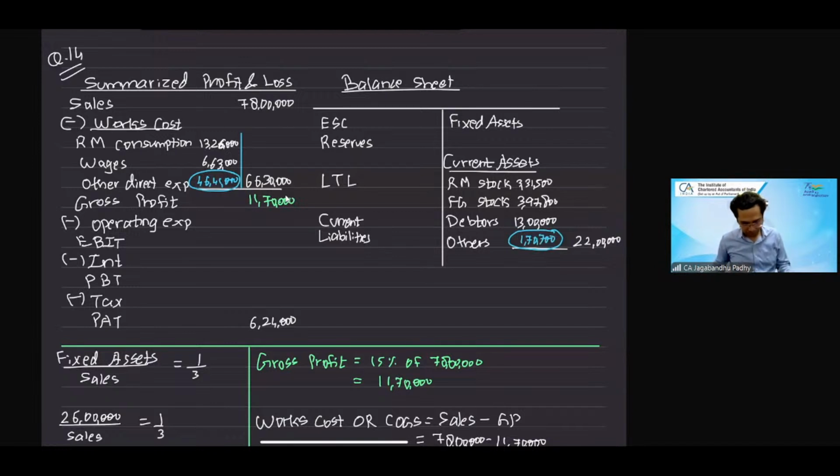Correct? Please check with the other's value. Yes, sir. 1,70,700. Okay, perfect.